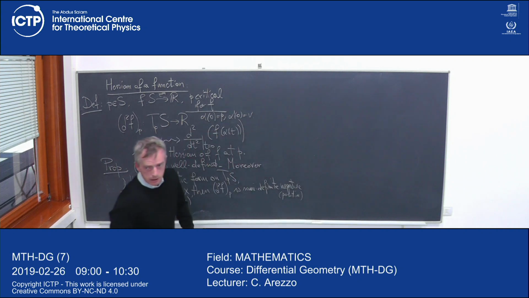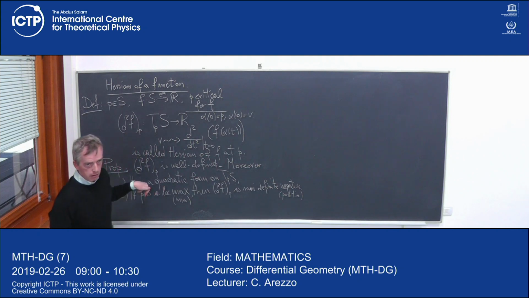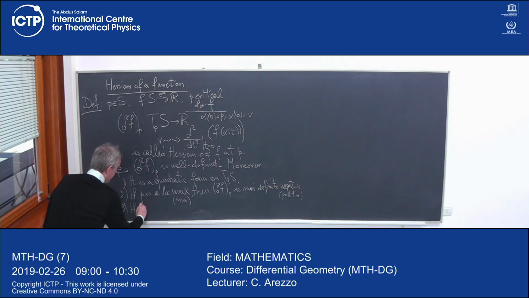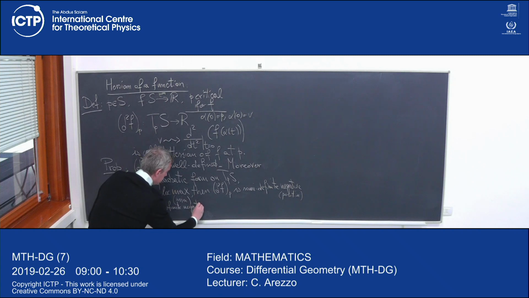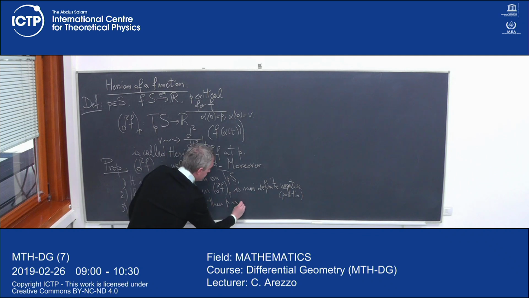holds only under strong conditions. So strong positive, strong negative imply the converse. For example, for the vice versa, you have to impose that it is definite negative, then P is a local maximum.